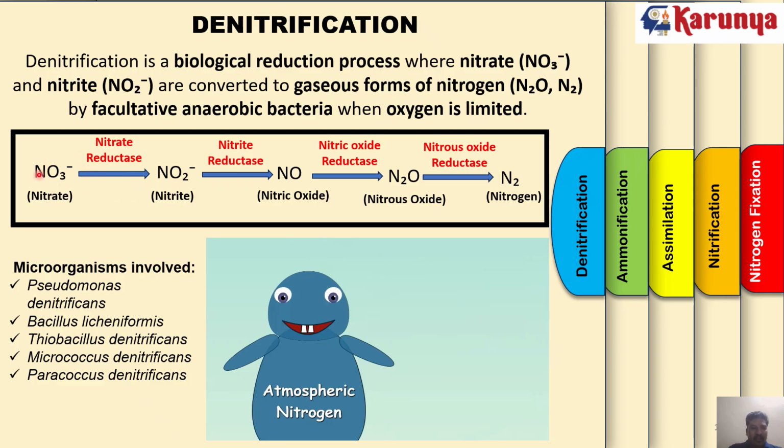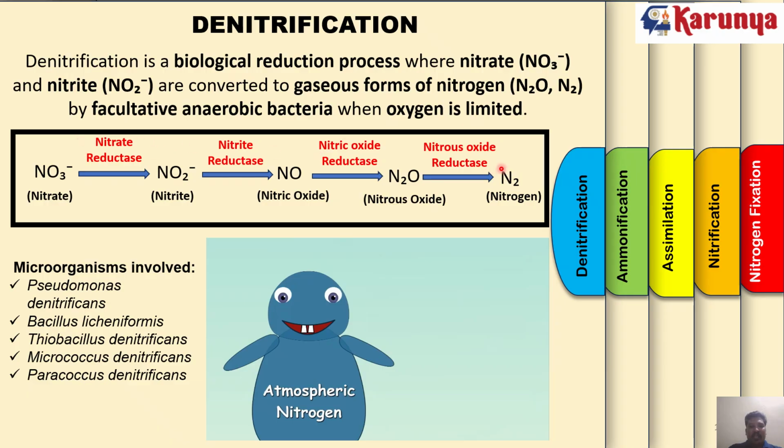See, this is nitrate, which is an available form. Then it becomes nitrite by nitrate reductase, and nitrite to nitric oxide by nitrite reductase, then nitric oxide to nitrous oxide by nitric oxide reductase, then nitrous oxide to elemental or atmospheric nitrogen by nitrous oxide reductase.